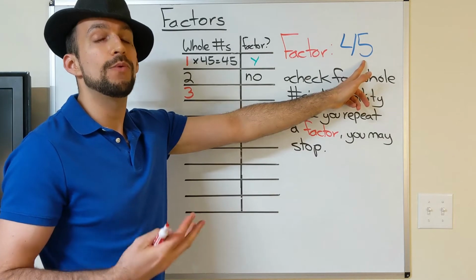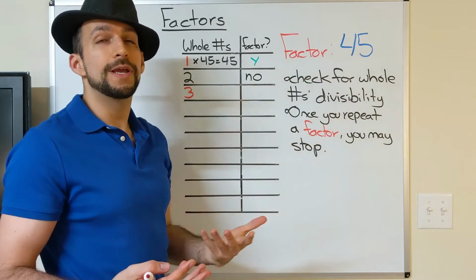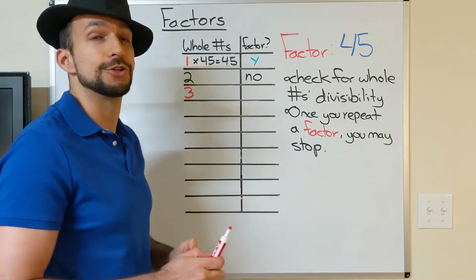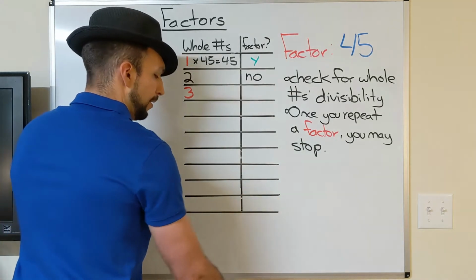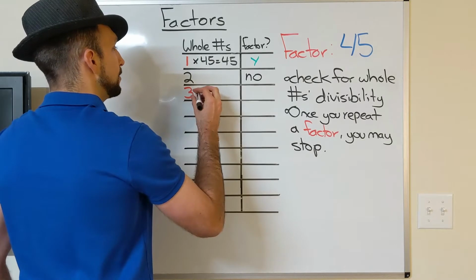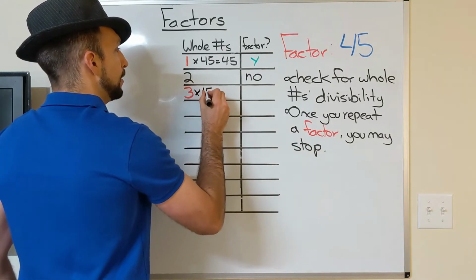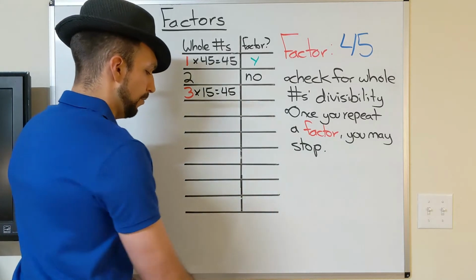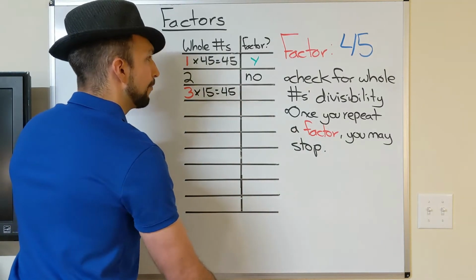It is, so we know it will be divisible by 3. Or we could try dividing 45 by 3 in our calculator and making sure we get an integer. Either way, 3 times 15 is 45. So we know that 3 is a factor.